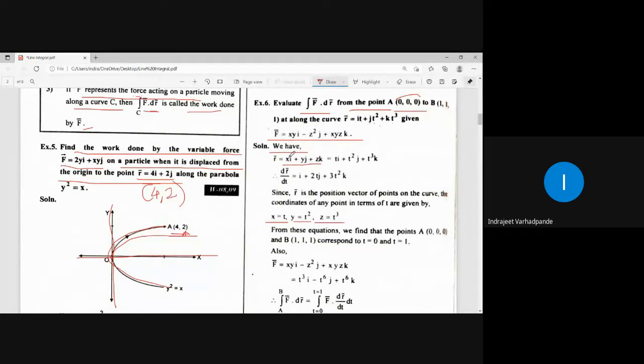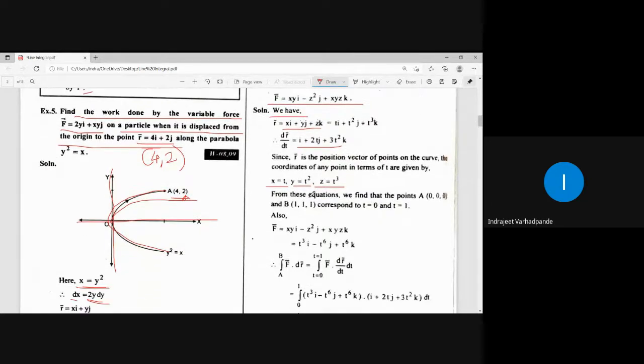Dr bar will be dxi plus dyj plus dzk. Take the derivative of t. Derivative of t is 1. Derivative of t square is 2t. Derivative of t cube is 3t square. So dr will be i plus 2tj plus 3t square k.